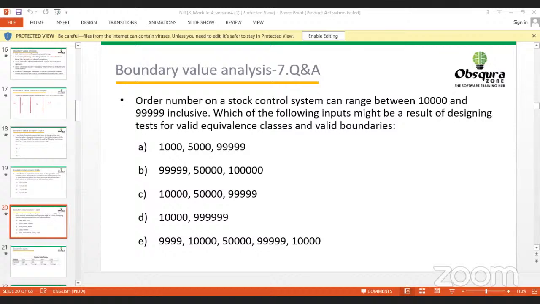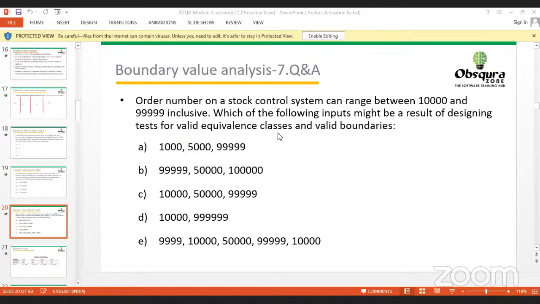Then we have 999, three nines and 1 followed by 6 zeros. So you can see in the chat I have put the values. So these are the boundary values, we can say that. So we got the valid boundaries.